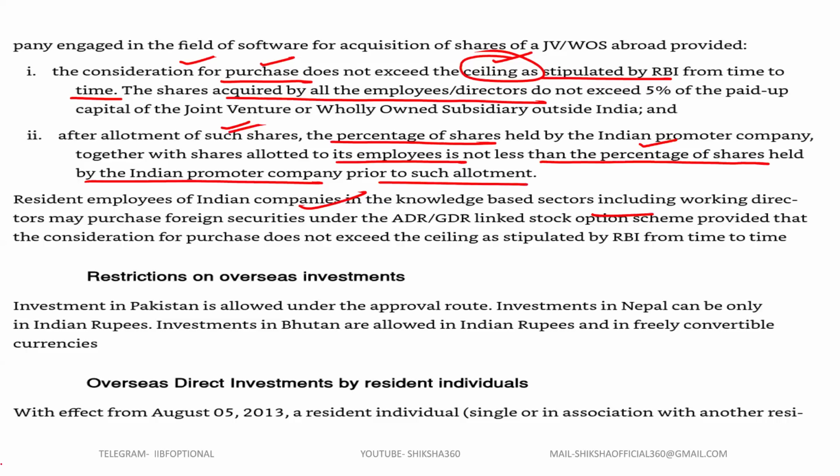Clear? I will repeat: after allotment of such shares, the percentage of shares held by the Indian promoter company together with the shares allotted to its employees is not less than the percentage of the shares held by the Indian promoter company prior to such allotment.